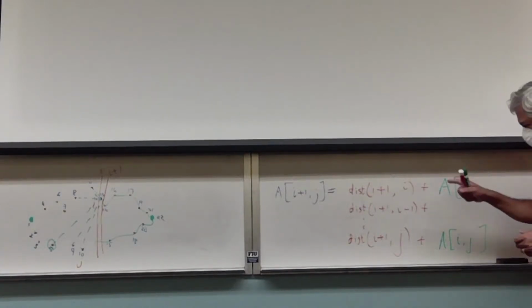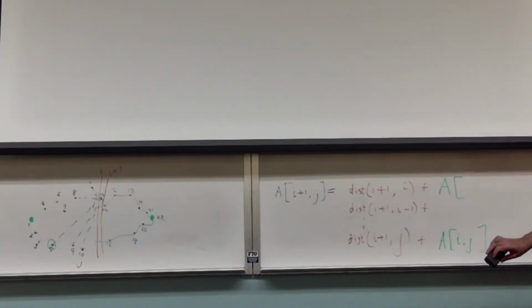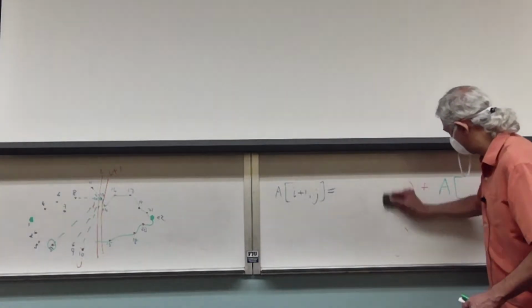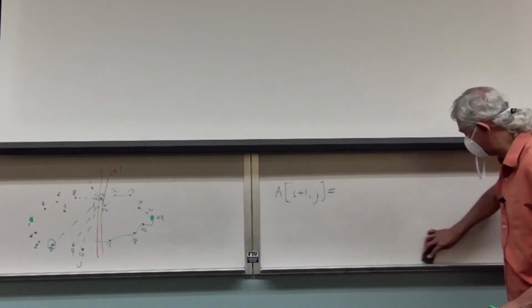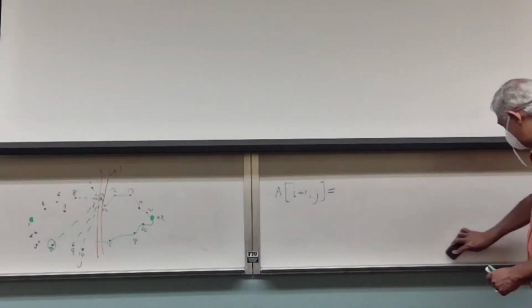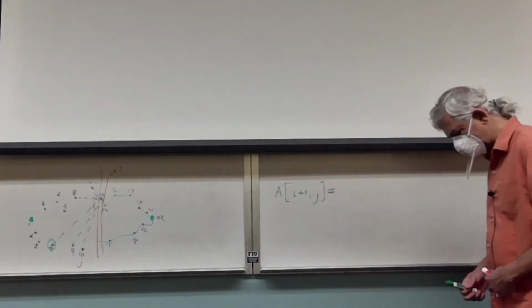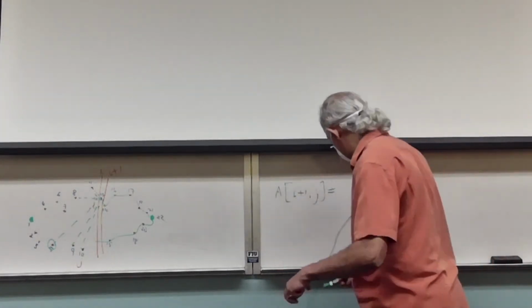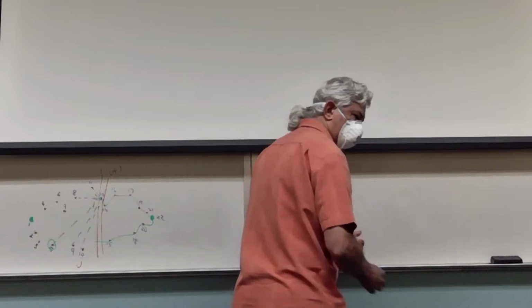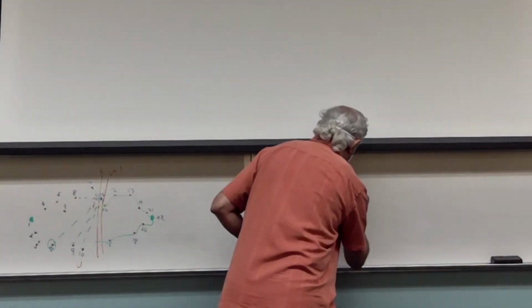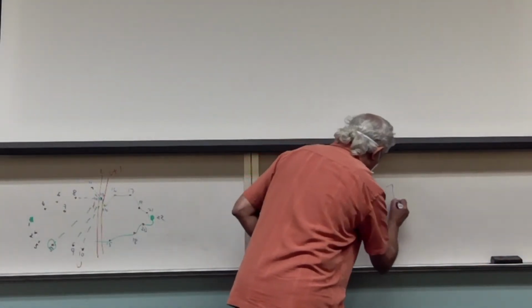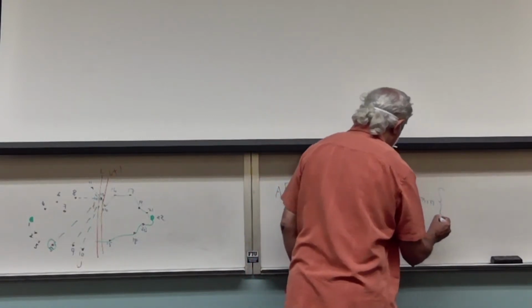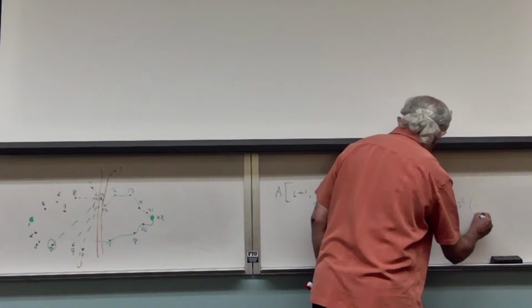Yeah, the way I've written this is actually incorrect. Let me rewrite this part. So it's going to be A of i, j plus the smaller of the distance.